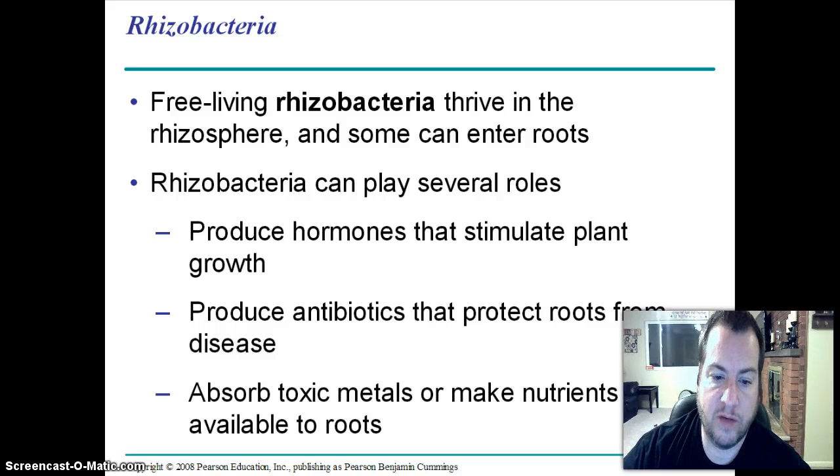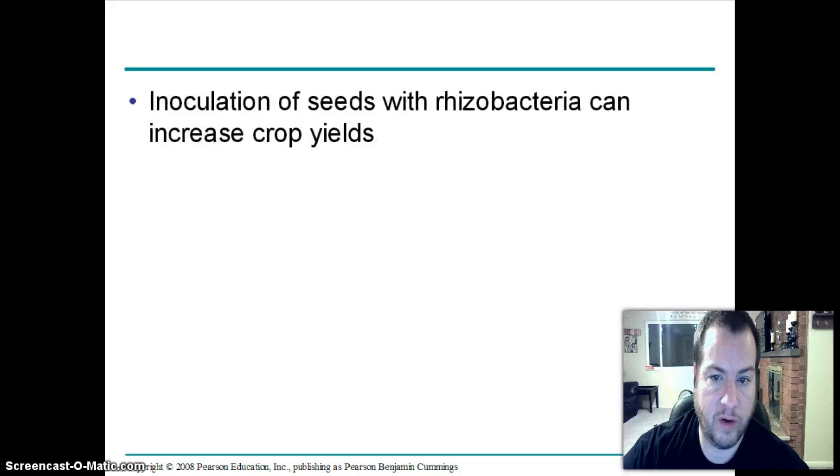They do several other things too. They produce antibiotics that can protect roots from diseases from other bacteria. They can absorb toxic metals. They can make nutrients more available for uptake. So a lot of times seeds are inoculated with rhizobacteria to help increase crop yields.